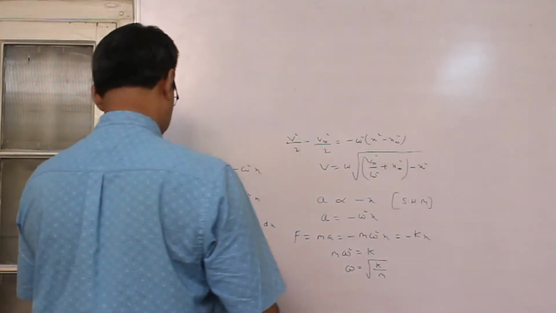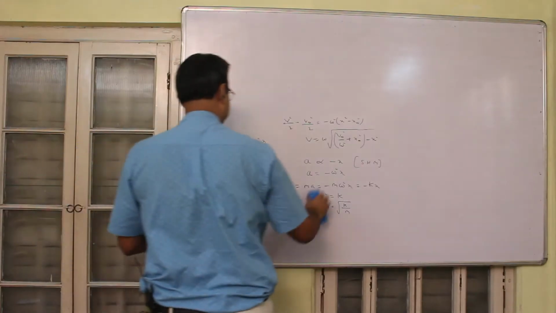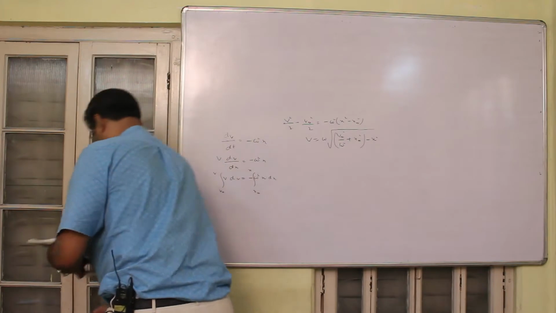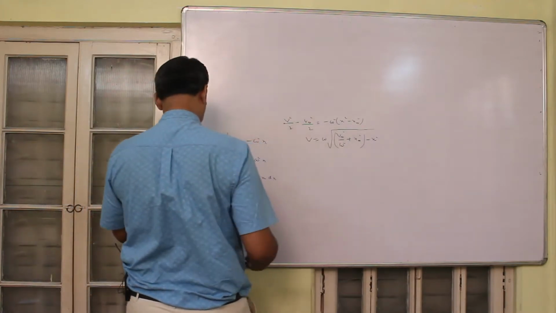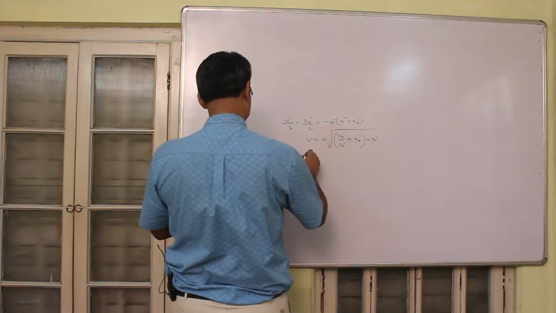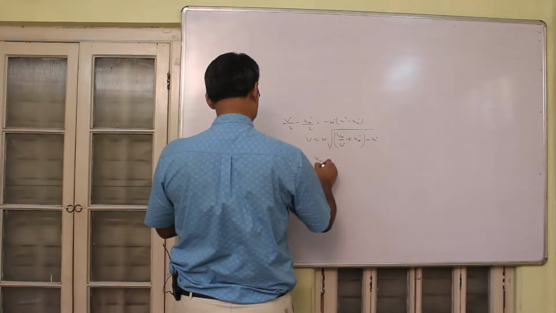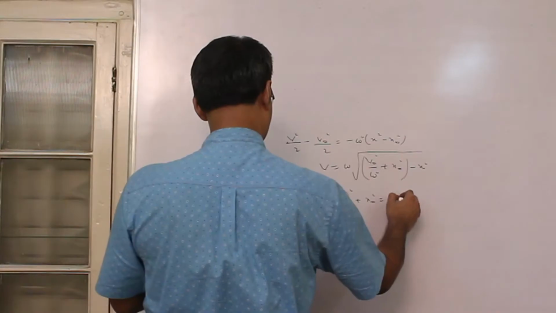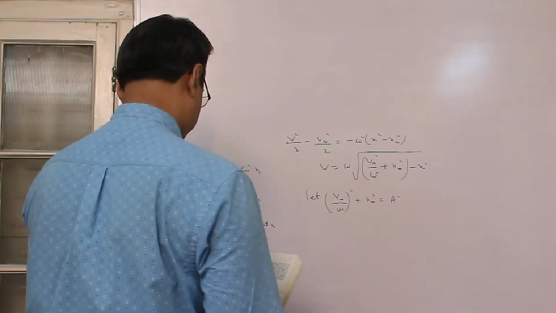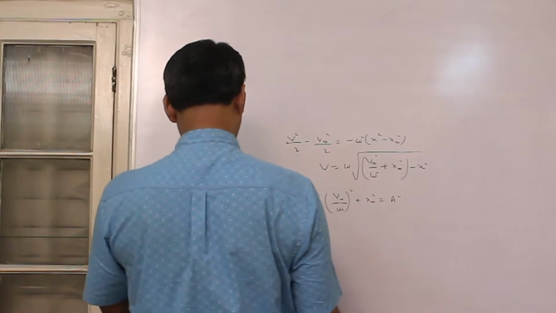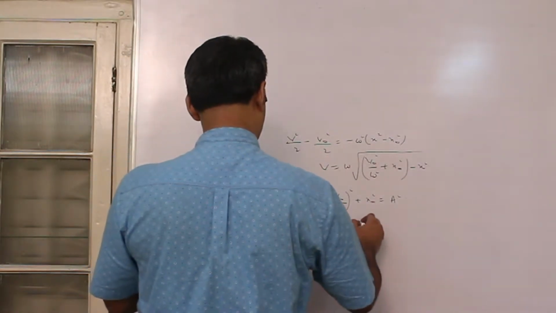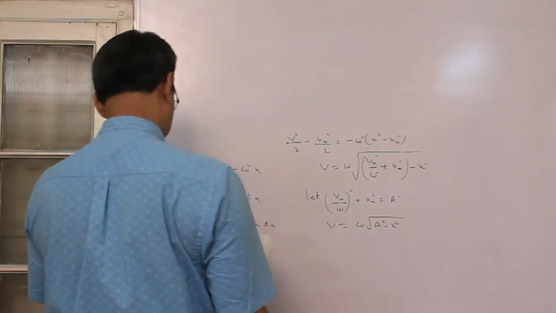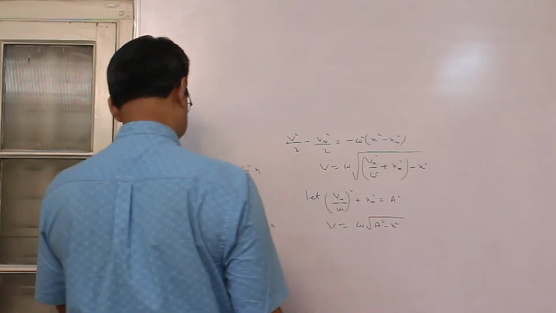So this is the expression for velocity. Now suppose we put v0 square by omega square plus x0 square as a square, then we get one result: v is equal to omega into root over a square minus x square.